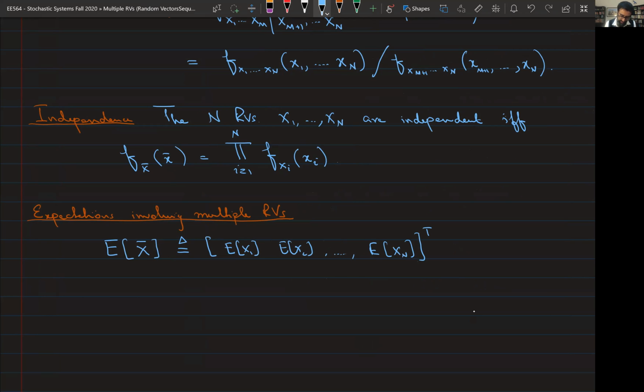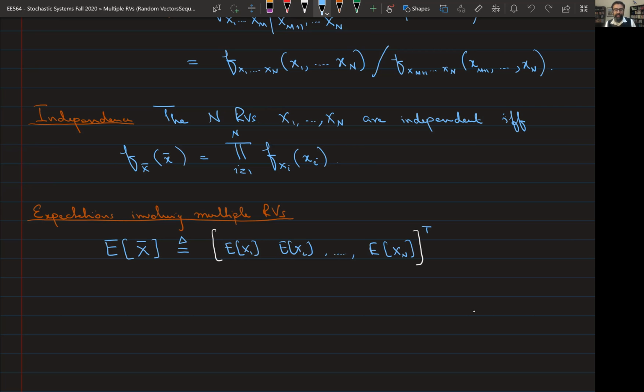Essentially, the expectation of a random vector is defined as the expectation going inside the vector and applying to each and every individual component of that vector separately and independently.